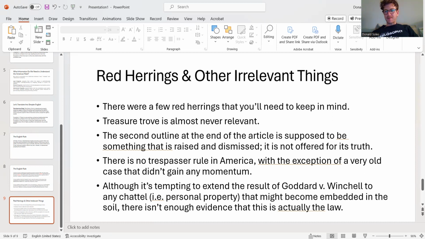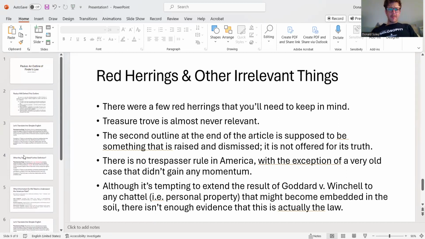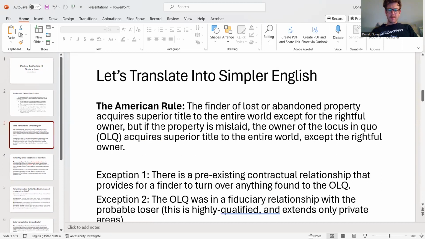So that's probably the best way to understand the result in Goddard versus Winchell. It extends to perhaps natural resources that become embedded in the soil. It might not extend to personal property like cell phones and cups. So that is the confusing, but hopefully somewhat elucidating answer to the differences between the English and American rules.